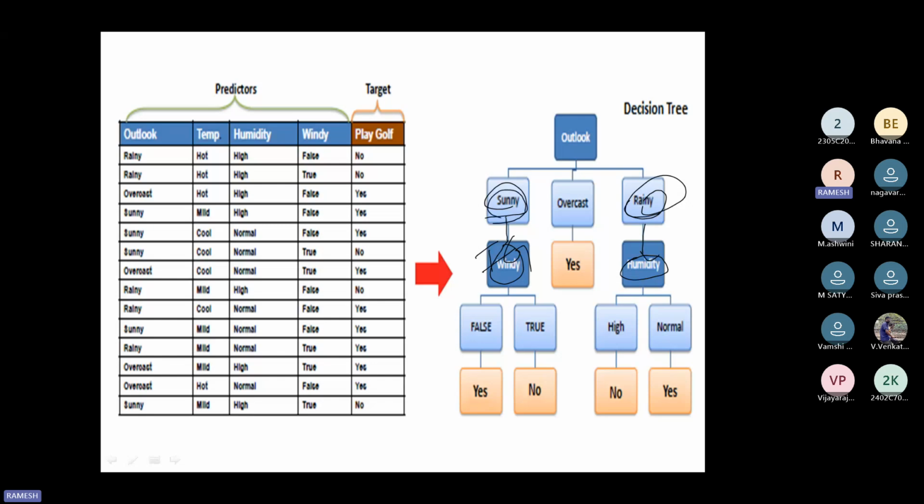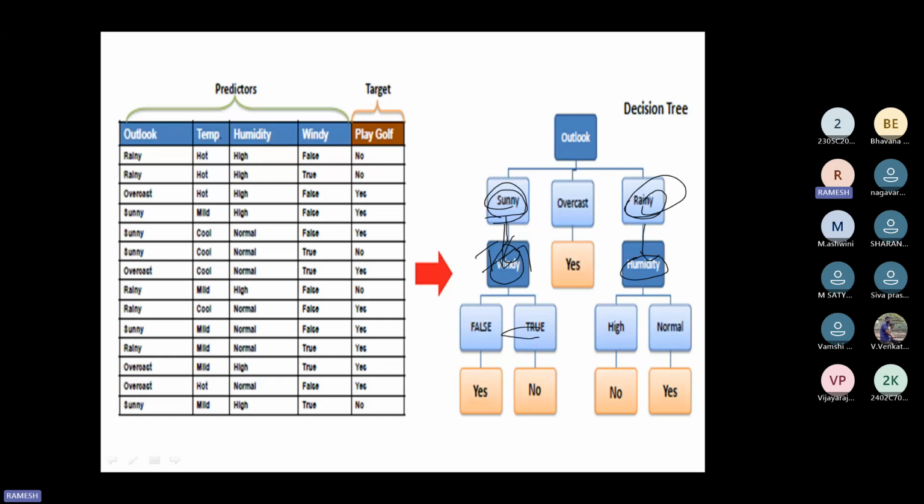When sunny is there, which output should we select? Here we are not going to check another column, temperature. Without checking that, we got the answer directly. This means we need to build a very optimal decision tree, without increasing the height.